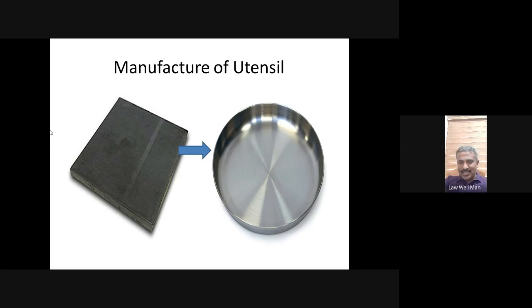And the plate we use to eat, not in the sense we eat the plate, or the utensil which we use for the purpose of containing our food, would almost look like this, what you have on the right side. So there is a manufacturing process involved in this. I gave this as an introduction to that particular case because if we have this idea in mind, it's very easy for us to understand.